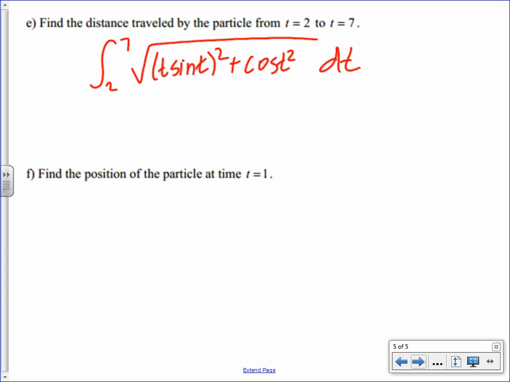I thought it was the integral of the square root of 1 plus dy/dx squared. That's when we have a function. No, this is parametric. It's the absolute value, like cosine squared plus sine squared. You forgot the square.